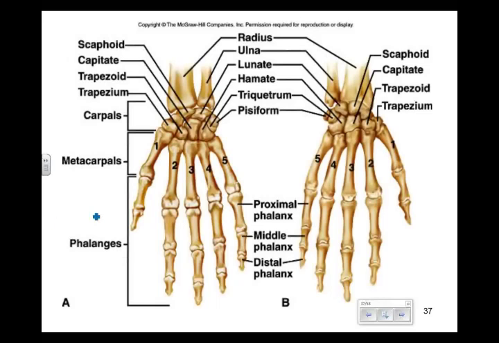Okay, so the last thing we were doing is we were looking at these categories of bones that make up your upper limb. So we talked about the wrist bones, the carpals, the hand bones, the metacarpals, and then the phalanges. And we said that there's this numbering system starting with the thumb, ending up at the pinky, and that also would translate to these bones out here, where, for instance, this bone right here is going to be the 1, 2, 3, 4.